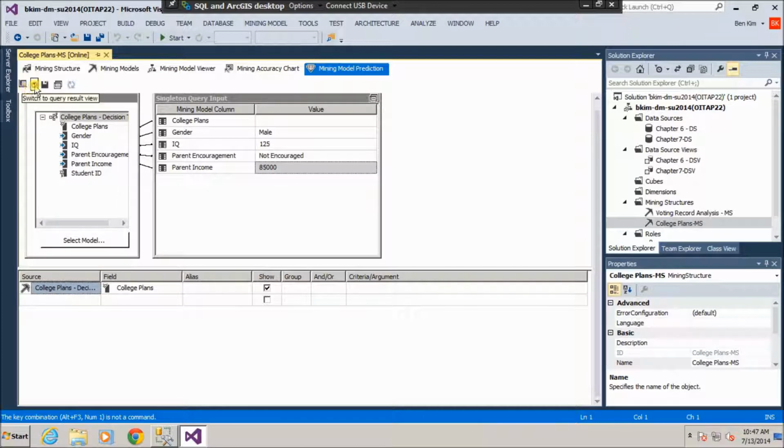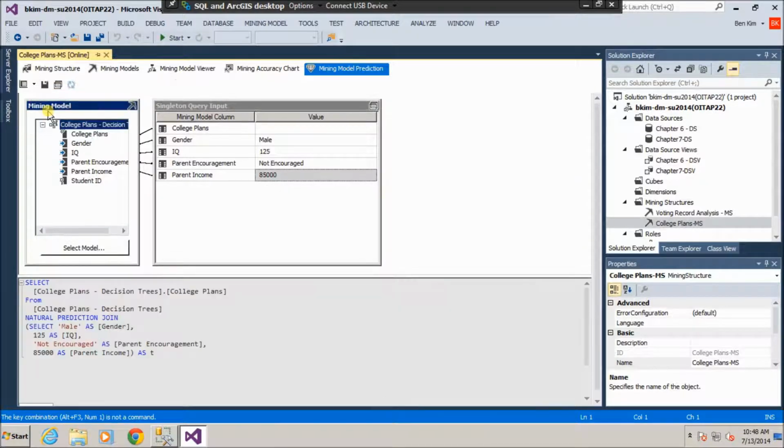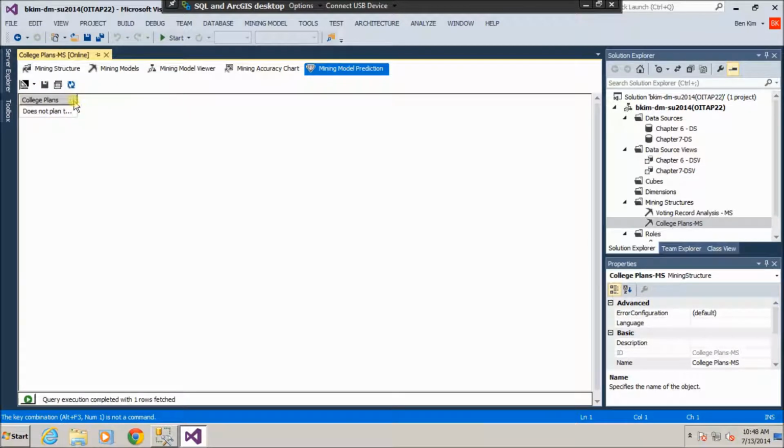Again, there are three choices: design, query, and result. If you press query, you can actually see the SQL-like queries. In our case, we're just going to see the result. So for that input we entered, they probably will not go to attend college.